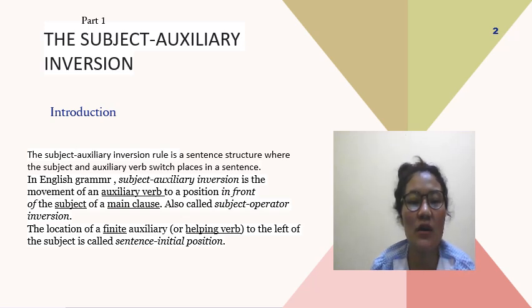The subject auxiliary inversion rule is a sentence structure where the subject and auxiliary words switch place in a sentence. In English grammar, subject auxiliary inversion is the movement of an auxiliary verb to a position in front of the subject of a main clause, also called subject operator inversion.